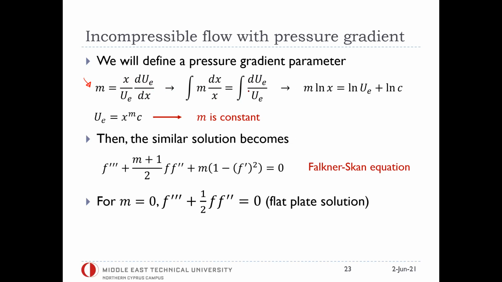I can actually integrate this: m times ln x becomes equal to ln u edge plus ln of a constant. This approach gives me a power law type of distribution, u edge equal to a constant times x to the m, with m being a constant.